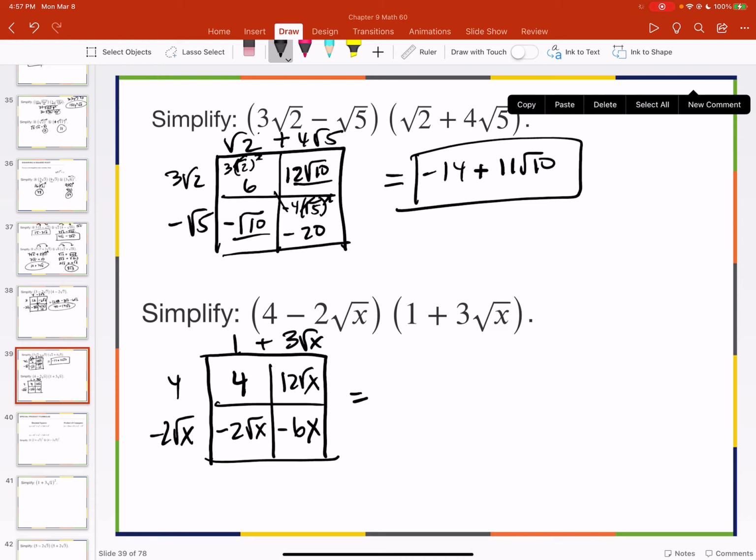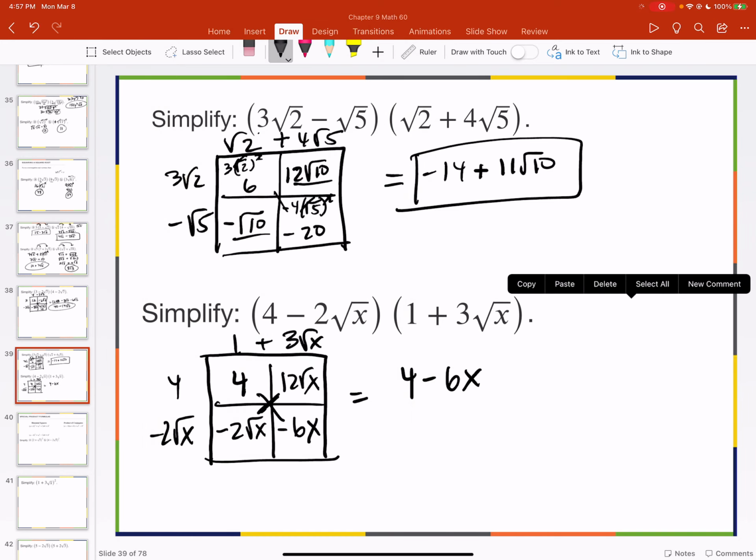So then together you can't combine these two, so you have to write 4 minus 6x, and then these two you can, that's going to be negative 2 plus 12, which is positive 10 root x. Okay.